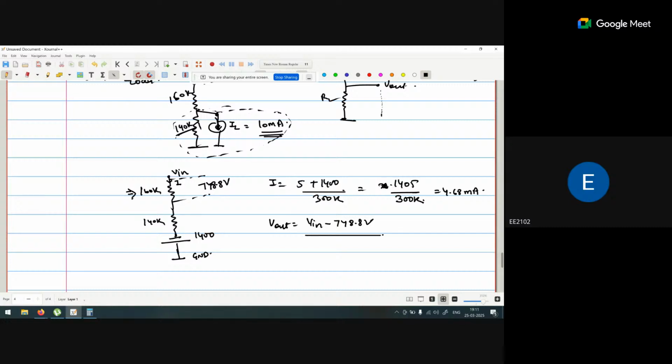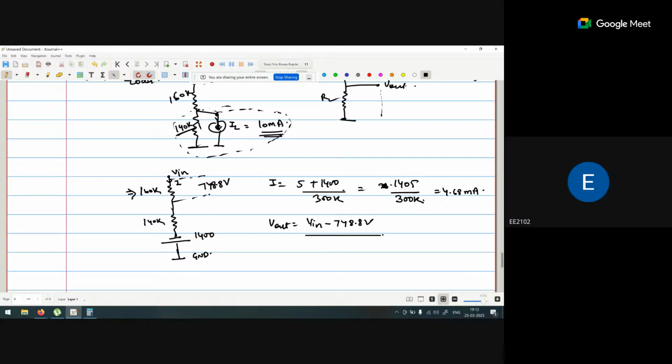We can get any value for V and solve this way. First, we consider no drop across the load, so no current will be flowing. If no current is flowing, we have to take only the parallel combination of R1 and R2.